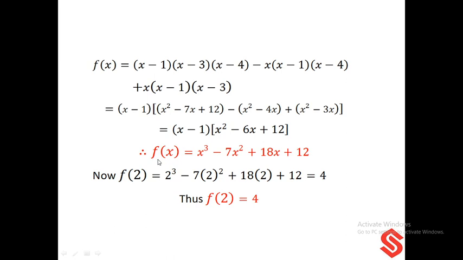So therefore f of x is equal to x cube minus 7x square plus 18x plus 12 is the required interpolating polynomial.